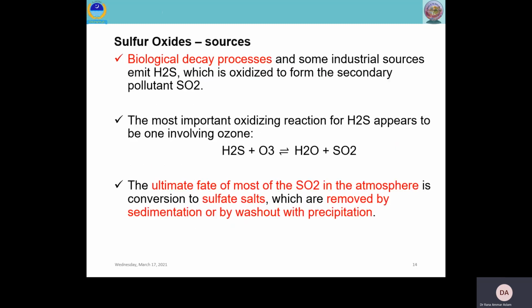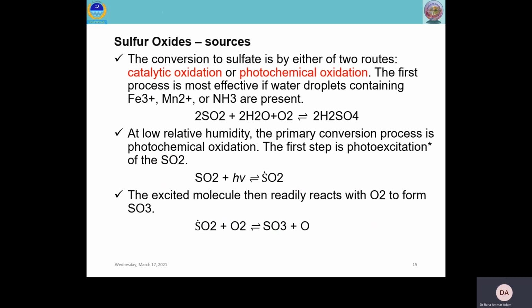Now, sulfates are formed from sulfur dioxide, and there are two pathways for that. One is catalytic oxidation, and another one is photochemical oxidation. The photochemical oxidation is more effective when some catalysts are present, like iron, manganese, and ammonia, right?